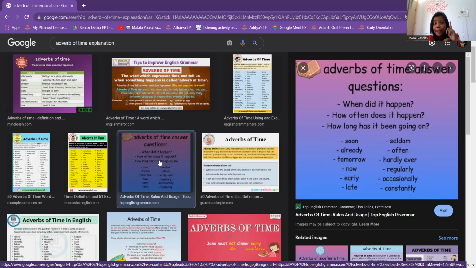Remember, like when, how, these are the question tags, the words which when used in the very first place of the sentence denote that the sentence is actually a part of adverb of time. I mean, the question tags which are used, they denote adverb of time.